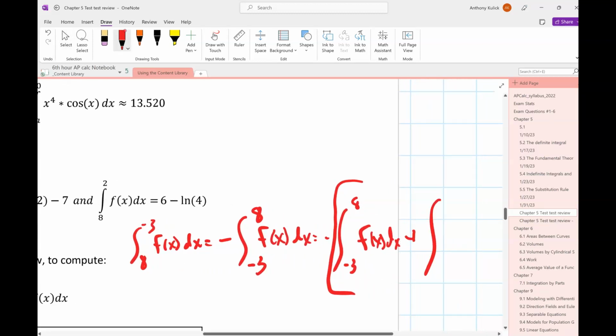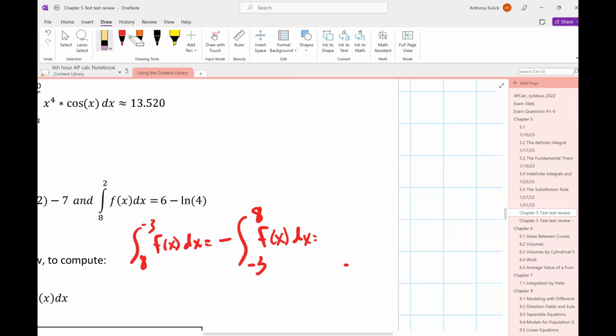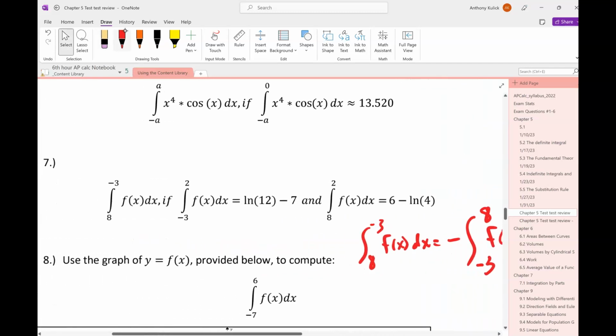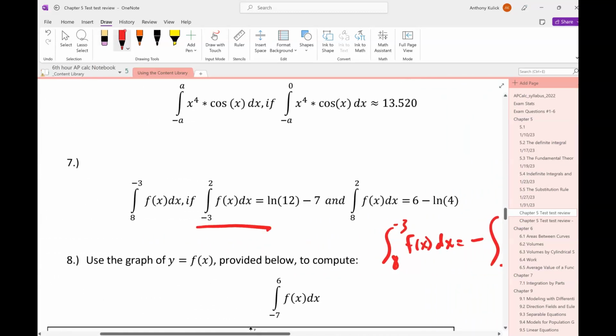plus the integral from, okay, sorry. So that's that. And then this I'm going to break up into -3 to 2, and then 2 to 8.